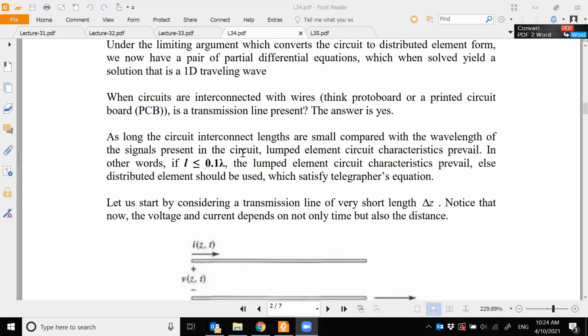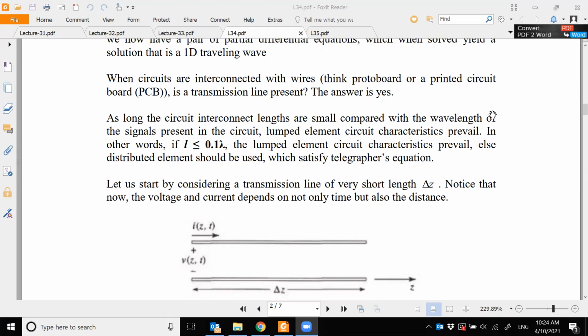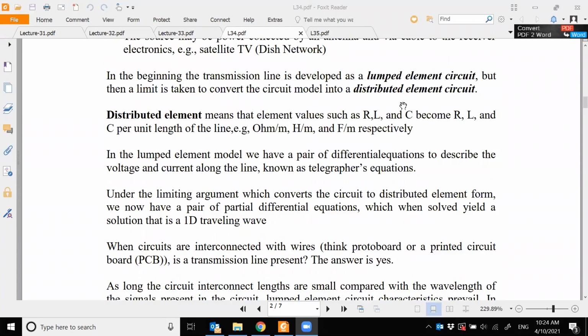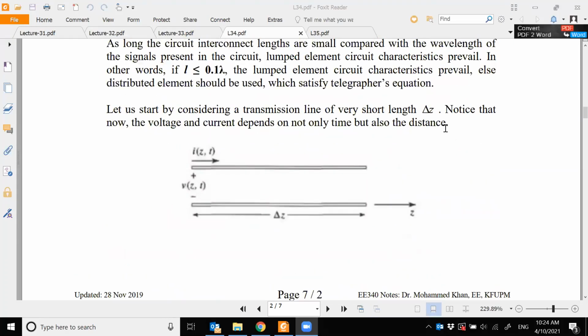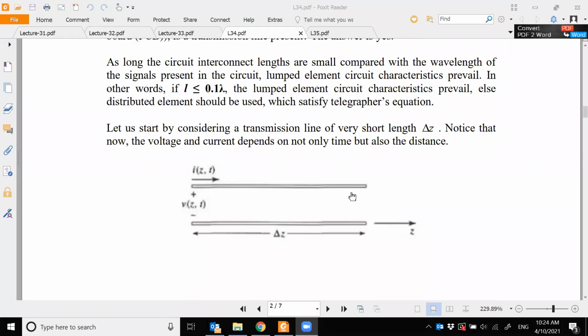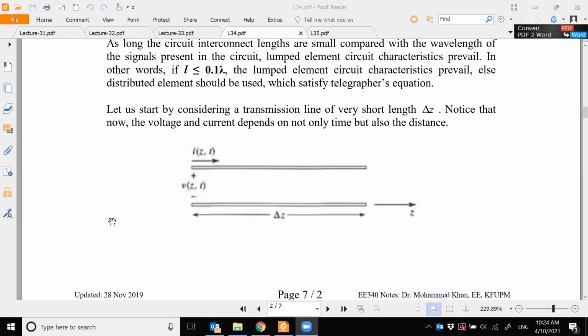Now we will look at the transmission line from the distributed element circuit theory, and we will also get what are called the telegrapher's equations. I will show it to you. How do we start?